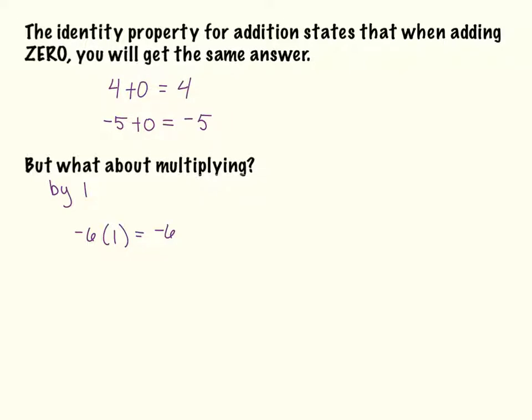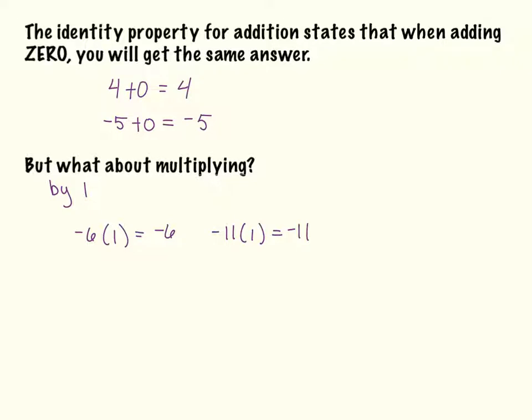So therefore, technically, the negative 6 does not change. Okay, so I can do that again. Negative 11 times positive 1 will be negative 11. It's the same value. So when multiplying, anything times 1 will be that number itself.